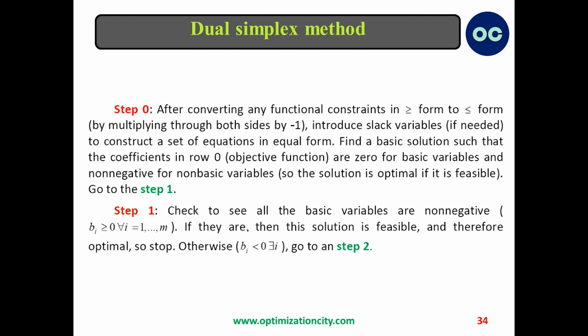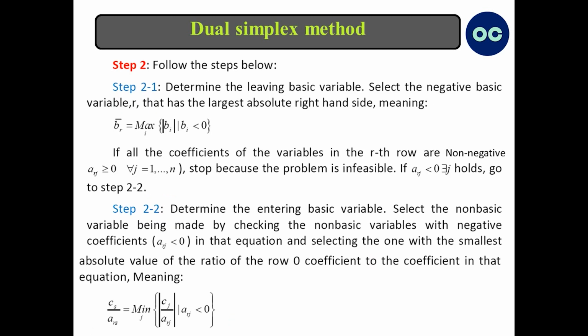Proceed to step 1. In step 1, check if all basic solutions are non-negative, bi is greater than or equal to 0. If they are, the solution is feasible and optimal, so stop. If there exists a bi less than 0, go to step 2. Follow this in step 2. In step 2-1, determine the leaving basic variable.